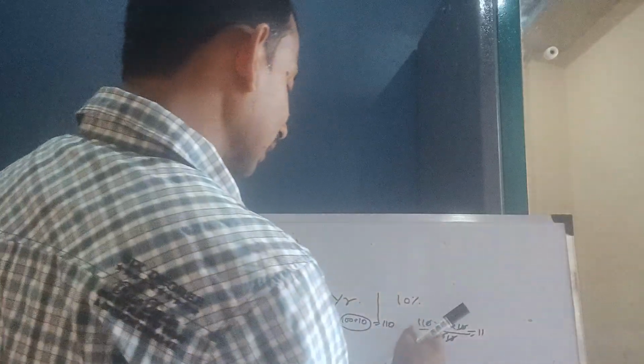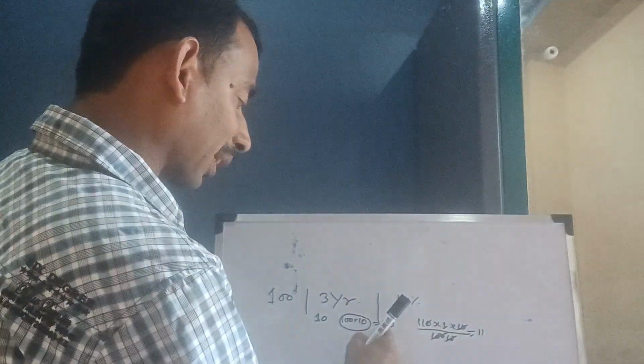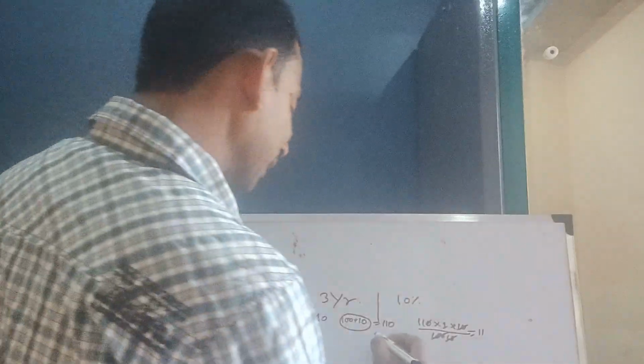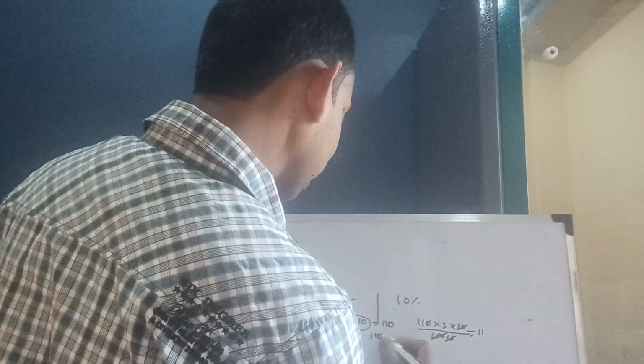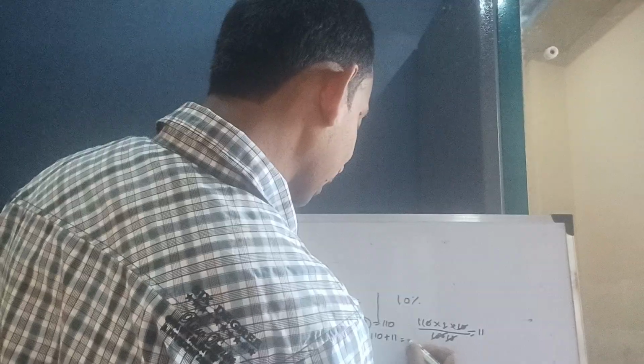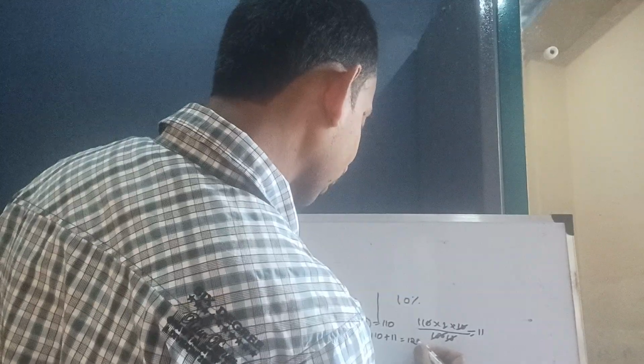So in this case the principal was 110 and interest is 11 rupees. So after the end of the second year the new principal would be 110 plus this interest 11, that is 121.